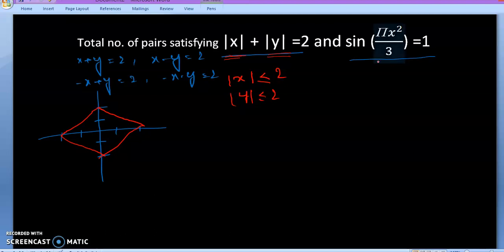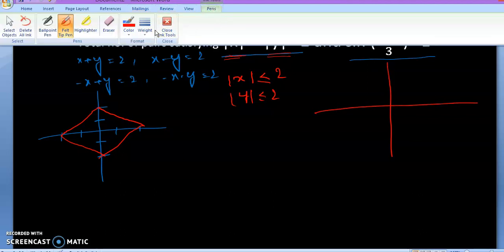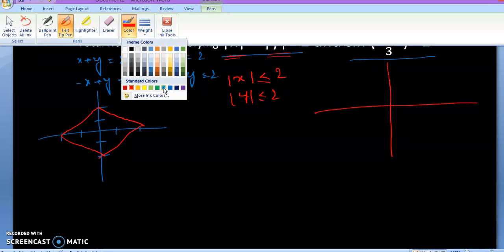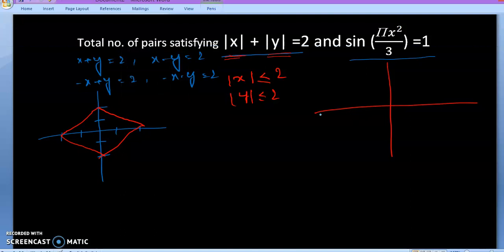Now look at this equation: sine of pi x square by 3 equals 1. The sine is a very well known graph, and it looks like this. Sine equals 1 here and here.